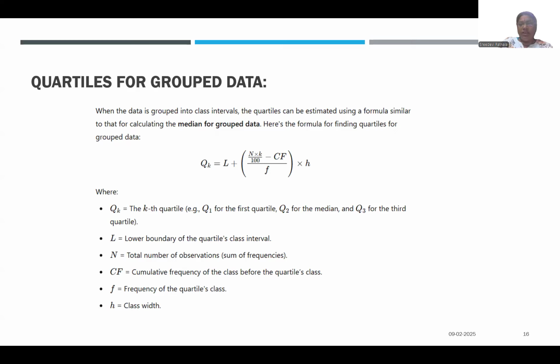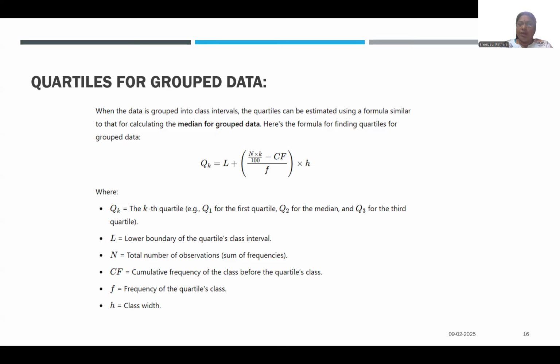Grouped data means you have class intervals and frequencies given. So how do you calculate a quartile for grouped data? Q_K equals L plus ((N into K) by 100 minus CF) and so on, where K indicates Q1, Q2, Q3.